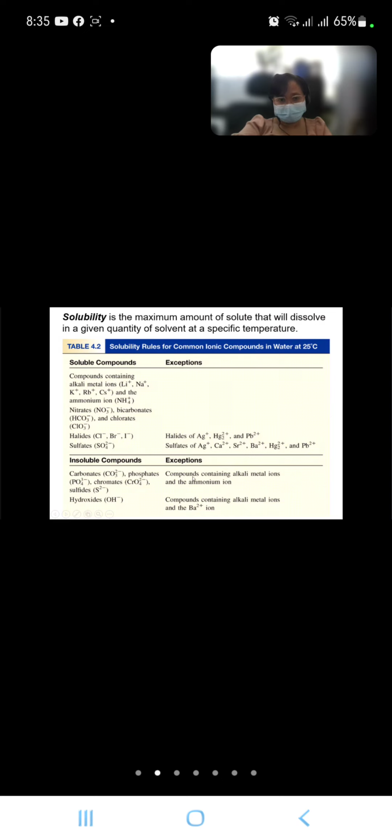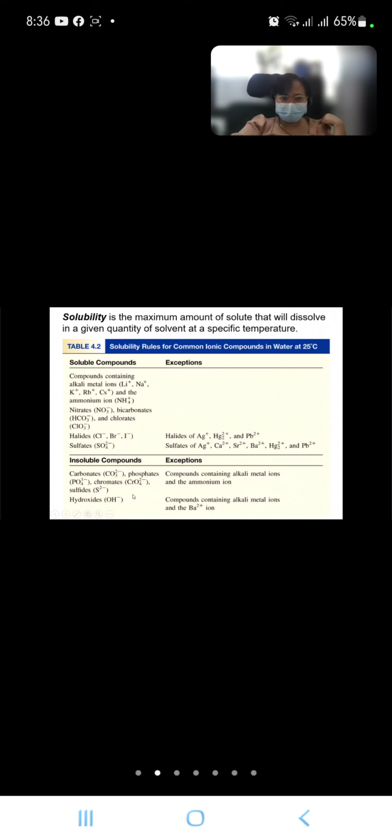So that is an exception. But if they are paired with other substances, other than alkali and ammonium ions, they remain insoluble. But if they are bonded to ions of alkali metals and ammonium ion, they become soluble.